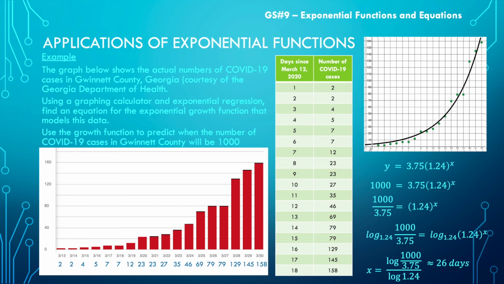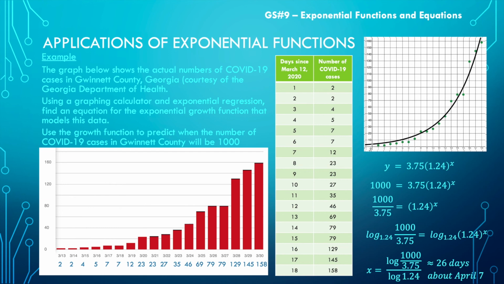So if I look at what's going on here, this March 30th is day 18. And so 8 days after March 30th will be about April 7th. Now, do we know that that's true? We don't know. We just know that this is a mathematical model to help us make predictions.